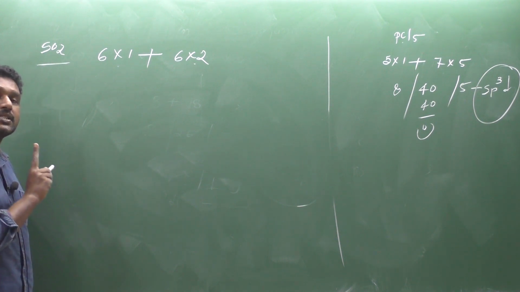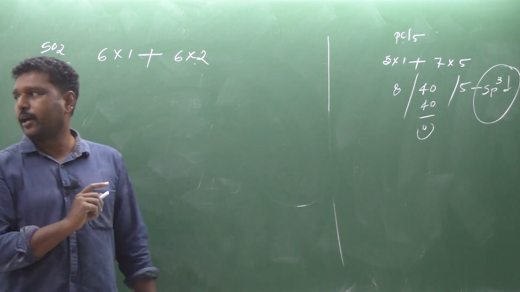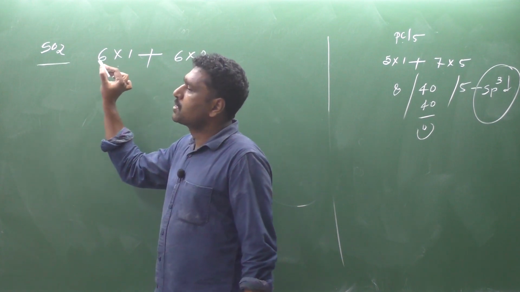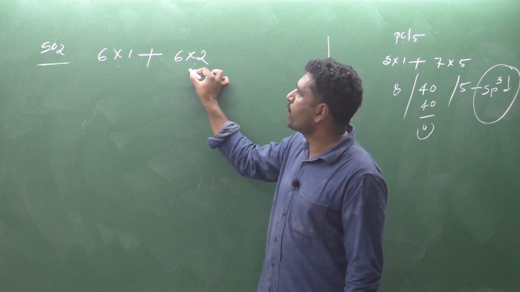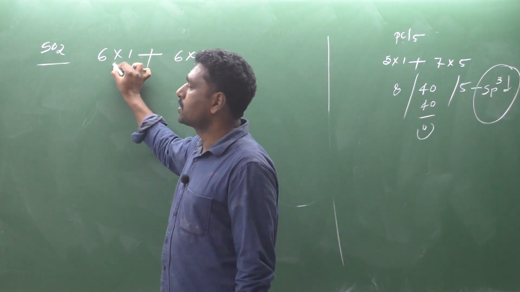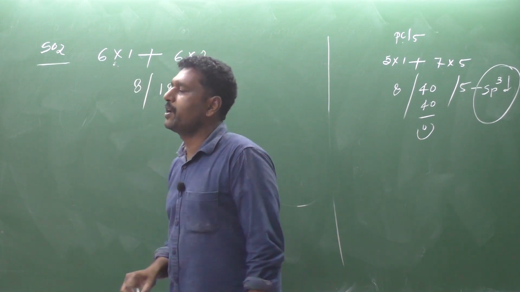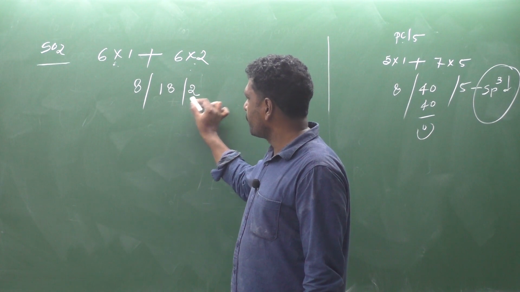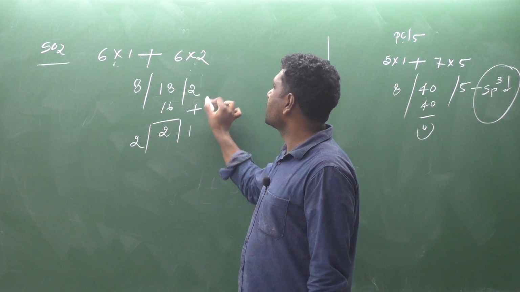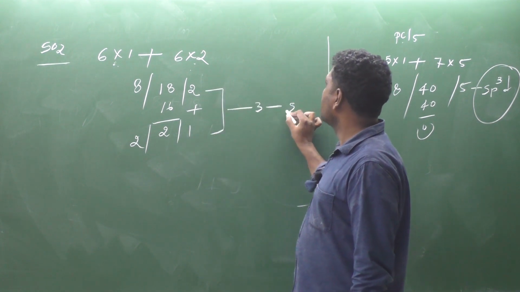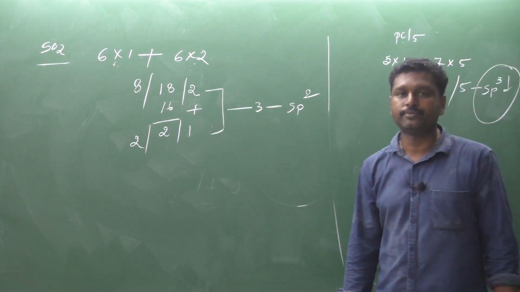How many oxygen atoms are there? 2 oxygen atoms. So 6 plus 12, total 18. Divide by 8, the value is 2. We get remainder 2, divide by 2, 1. Add these, we get value 3. Therefore, this is sp2 hybridization.